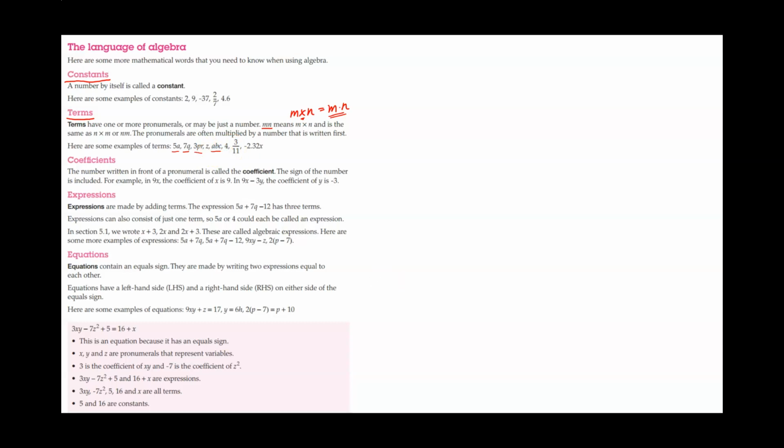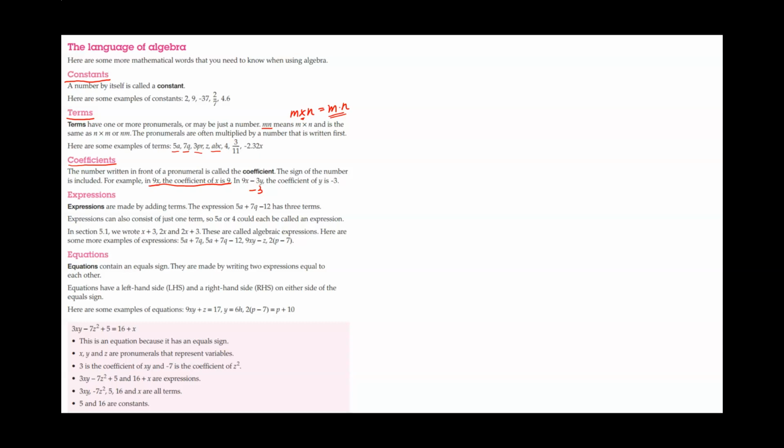And the coefficient. Coefficient means the number in front of the variable. For example, if I have 9x, the coefficient of x will be 9. Okay, and in 9x take 3y, the coefficient of y will be -3. So here you need to pay attention. You have to consider the sign in front of the term.